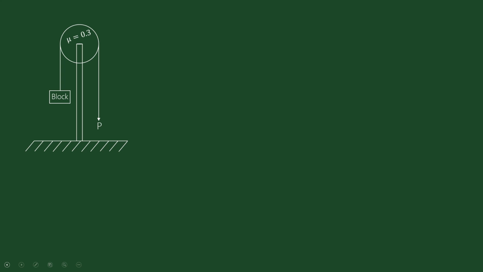Now, let us consider first the clockwise rotation of this particular apparatus. For this rotation, P is the force on the tight side.